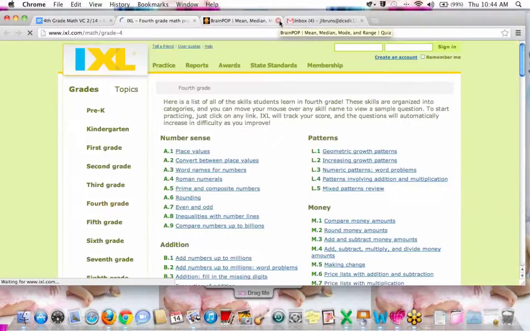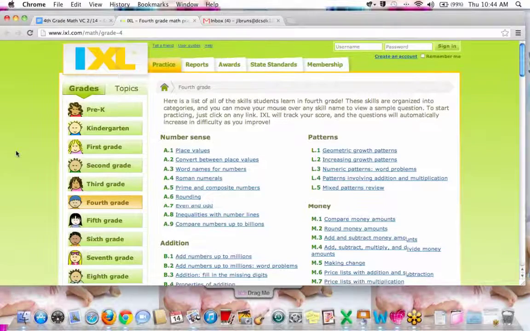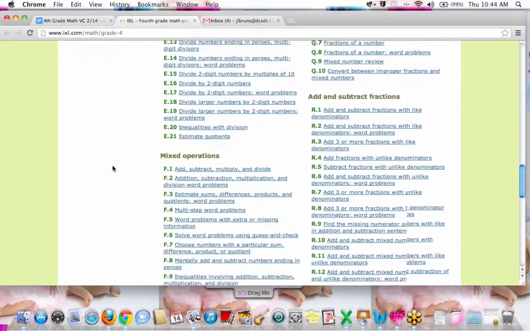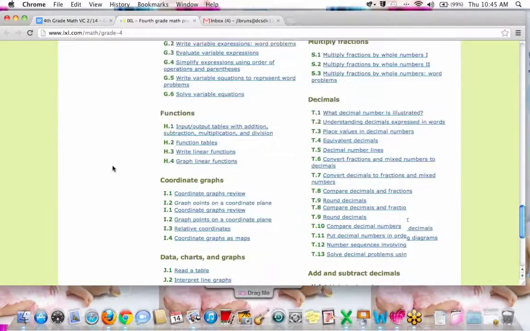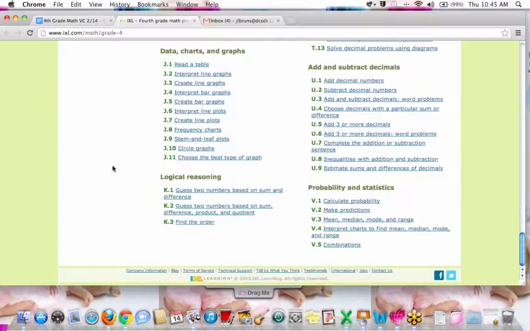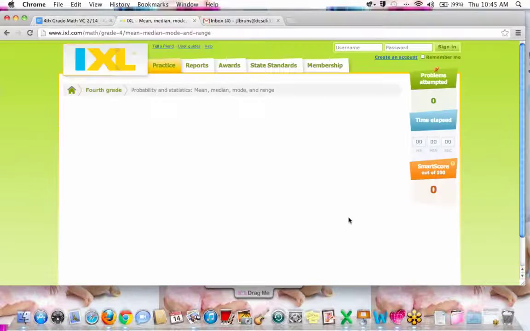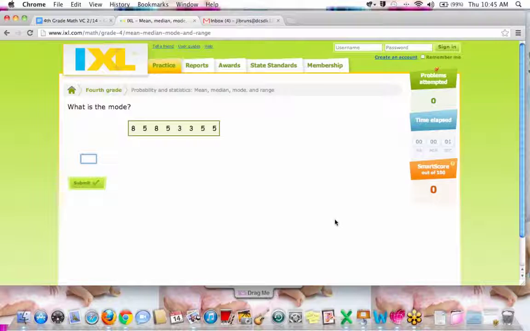All right, let's do just a couple more practice problems with mean, median, and mode. Scroll down here and get to those. Will, are you there with us still? I hope so. All right, guys, for this set of data, what is the mode?